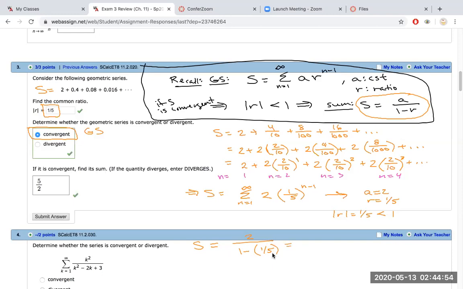You want to use r. So if r actually came out to negative 1/5, which it could occur sometimes, then you'd want to put a negative in here. That's 2 divided by 4/5, which is 2 over 1 times 5 over 4, which gives you 10/4, which is 5/2.